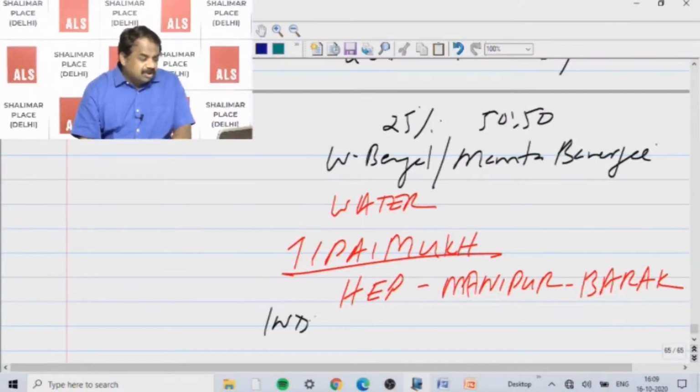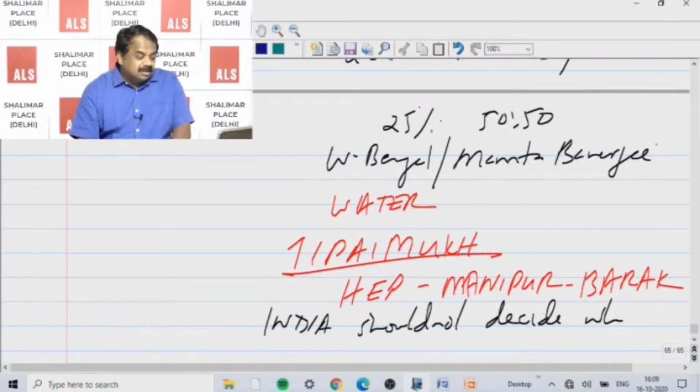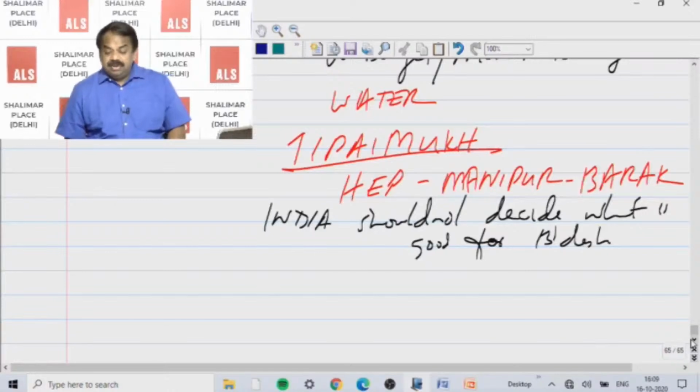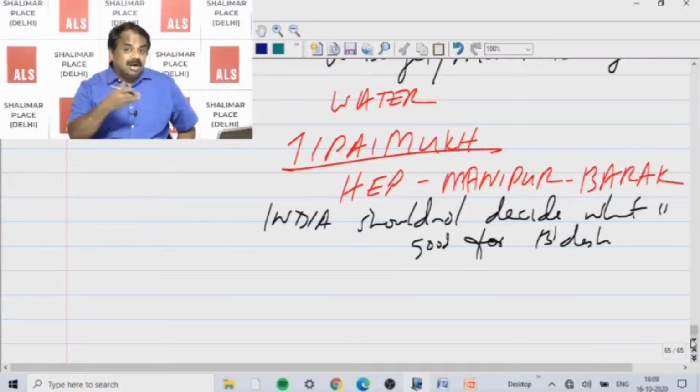Okay, quite natural. Their argument is India should not decide what is good for Bangladesh. Okay, so when we say it is good, there is also the question of what could be the effects on the ecosystem in Bangladesh because of this river.